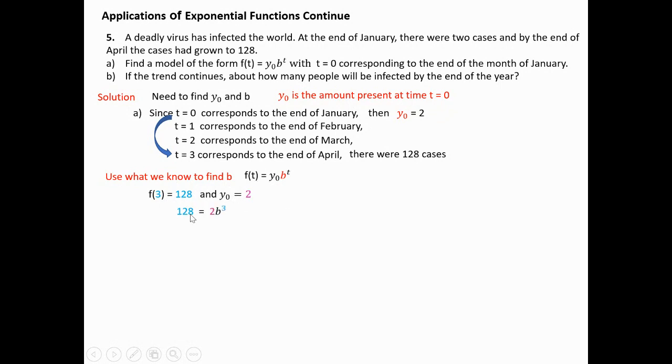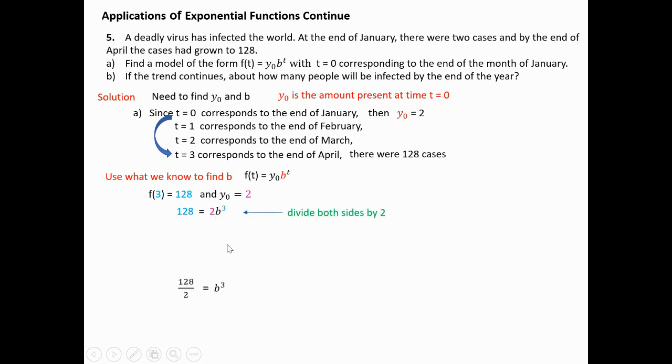That means when t equals 3, f of 3 is 128. So that's why it's going to be 128 equals 2 times b to the 3rd power. This is the time in 3 months, there were 128 cases. So now I need to solve this for b.